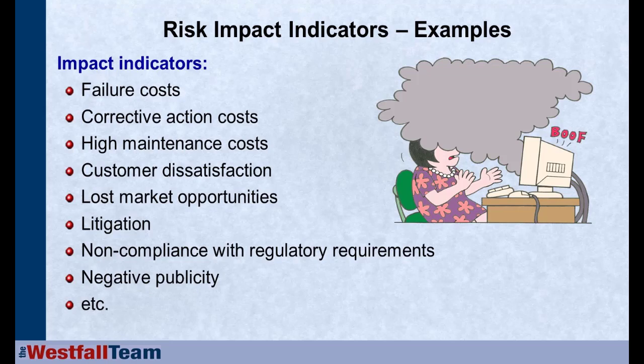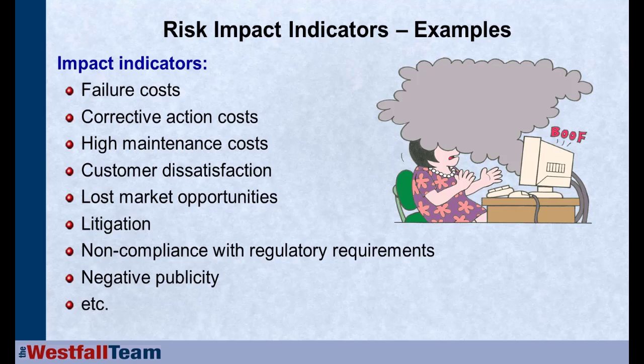Just ask Ford and Firestone or Jeep Cherokee or Target what negative publicity can have on your particular product line, your particular software, etc. So when we're looking at what components deserve more V&V, what components can we do less V&V on, we've got to be paying attention to both the probability and those kinds of indicators as considerations, as well as the loss or the impact if those problems get all the way to the field.